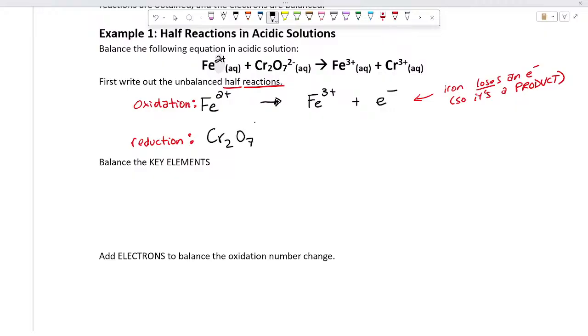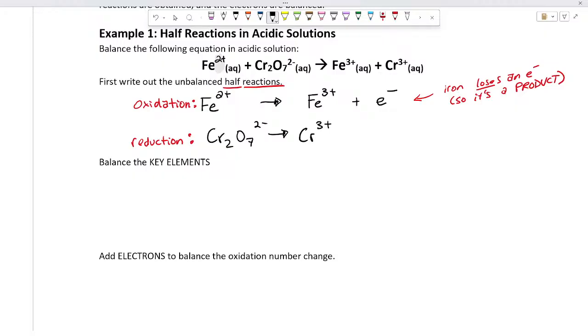Cr2O7 2 minus is going to become Cr3 plus. Now, this must be a reduction, but it's not immediately obvious yet how. So we're going to hold off. I put this electron in up here because it's easy to figure that out. Is that fair? This bottom one, we're going to hold off, because can you eyeball that and quickly say how many electrons it's gaining or losing? I can't. So those are our two half reactions.